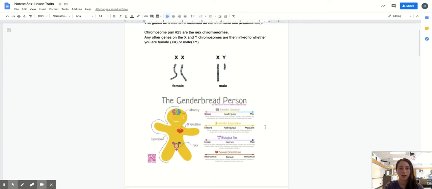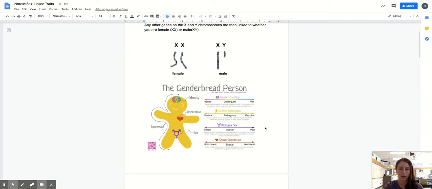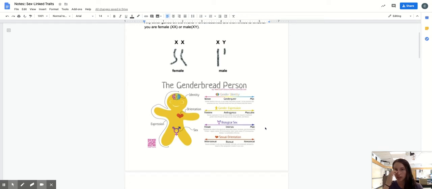And then I do just want to clarify when we're talking about sex in biology. You have probably all encountered the genderbread person at some point in your schooling career. We're talking about biological sex here. Somebody can be female and have two X chromosomes. Somebody can be male and have an X and a Y chromosome.